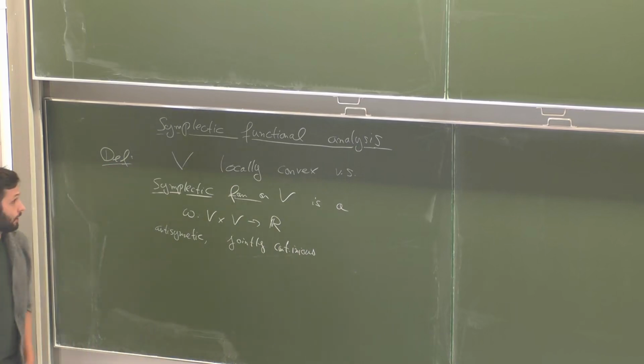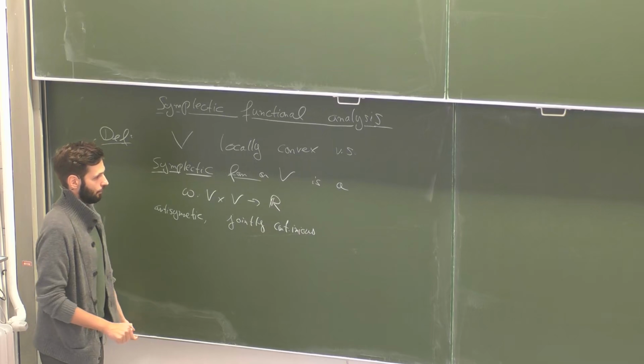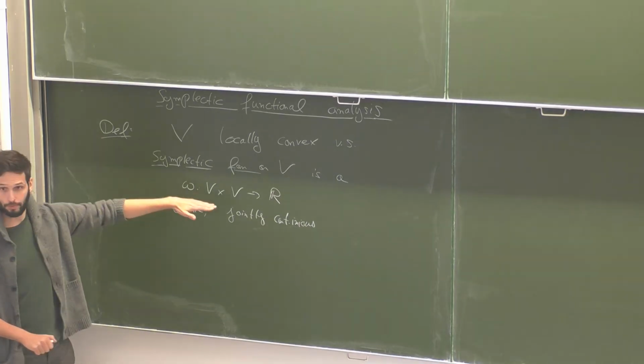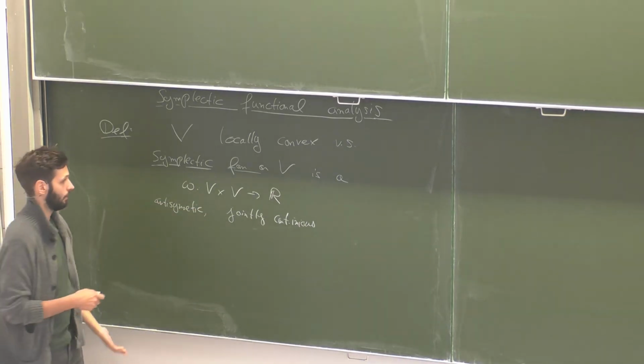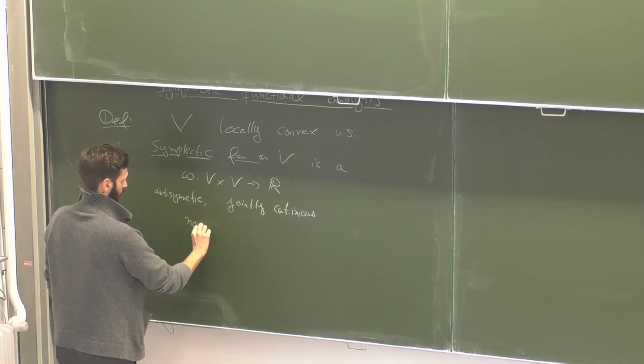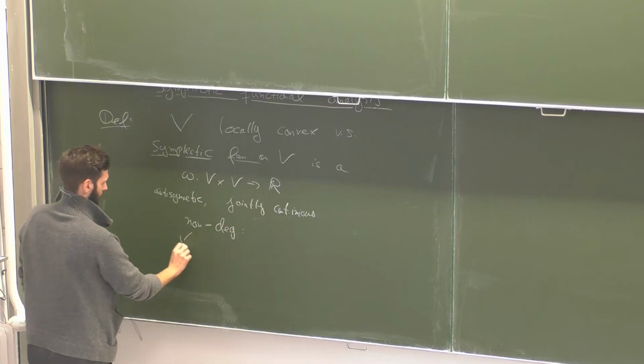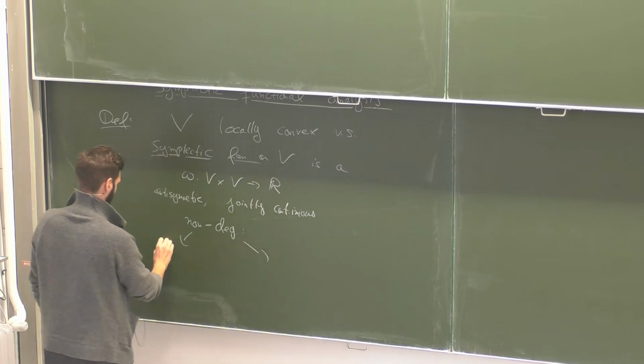And if you remember linear symplectic geometry from your course at the university, you also know that there will be some form of non-degeneracy. There are actually two classes of non-degeneracy here, one of them weak and the other strong.